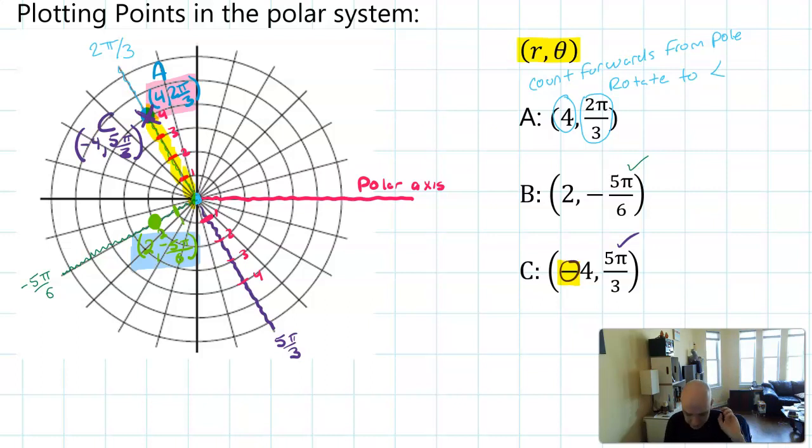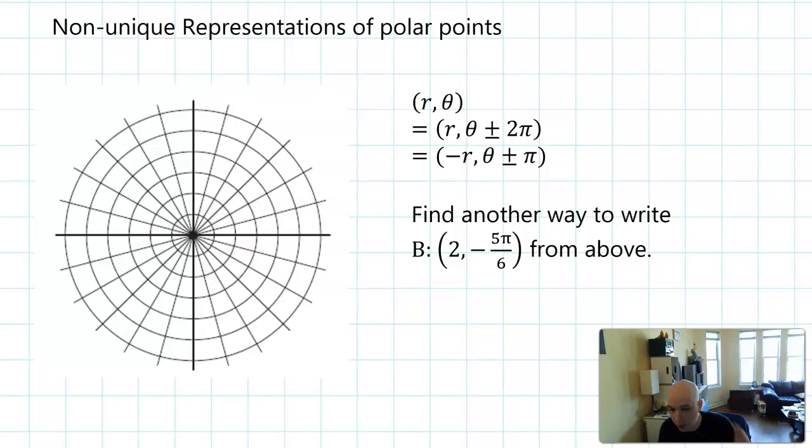But the notion that A and C are the same point actually leads us to our next thing. Polar points are not unique in their representations. Unique would mean there's only one way to write it, and rectangular points are unique. 1, 1, there's no other way to write 1, 1 in the rectangular coordinate system.